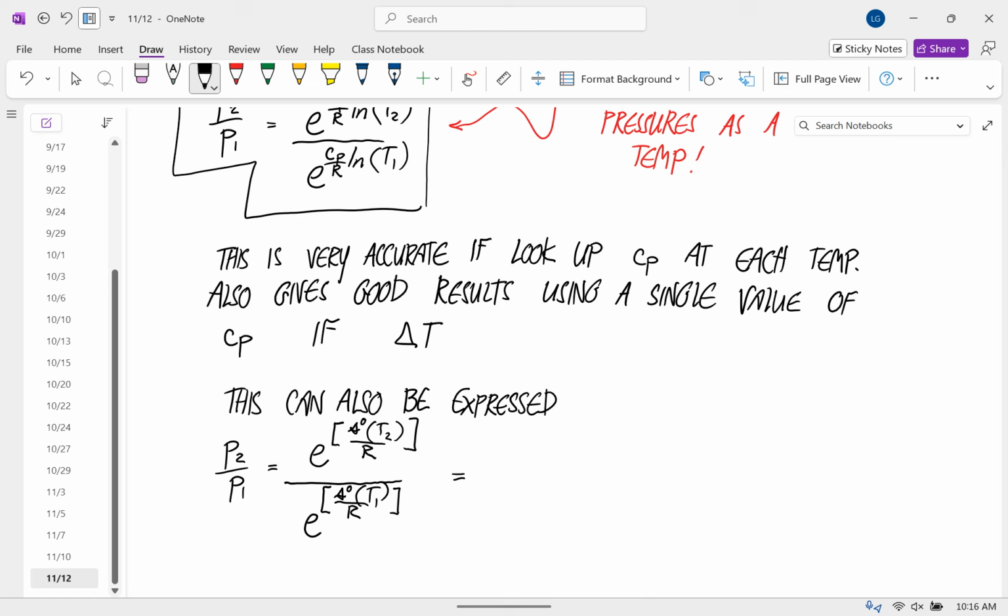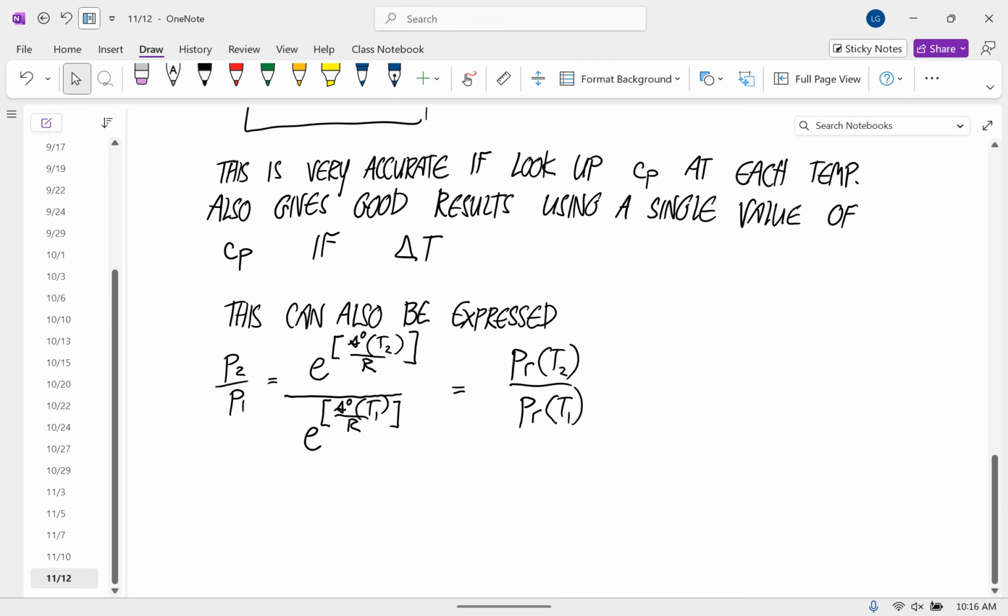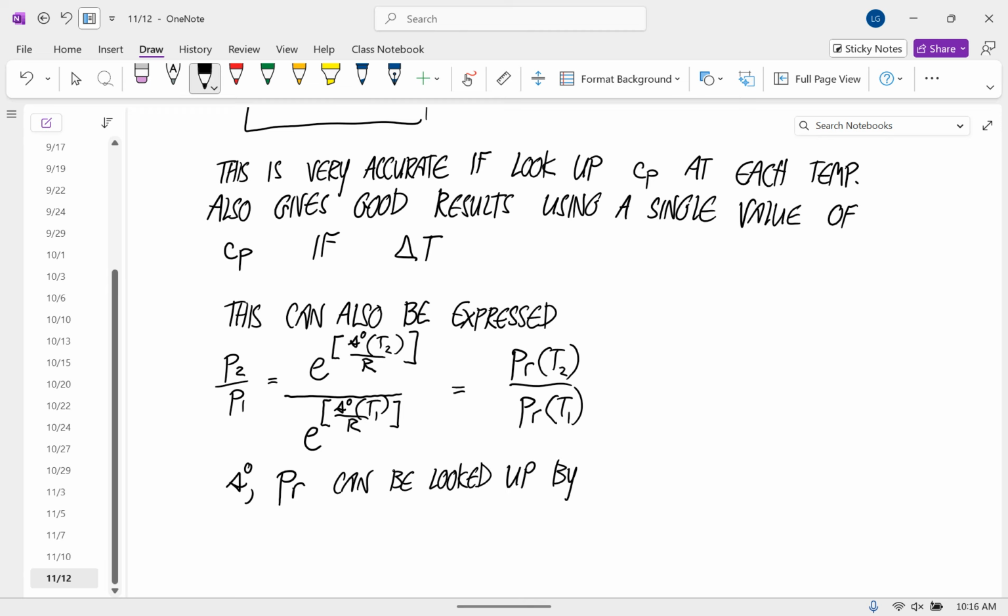It's not like it would be hard to plug that into your calculator, but you can also write this as PR of T2 over PR at T1. So S0 and P sub R can be looked up by temperature in an ideal gas table.